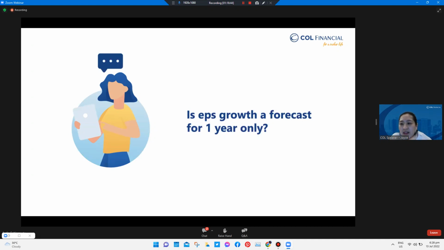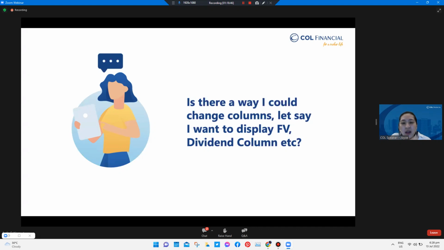Next question: is there a way I could change columns? Let's say I want to display FD, dividend column, etc. I think for the investment guide, you can't. Let me just do a quick look.